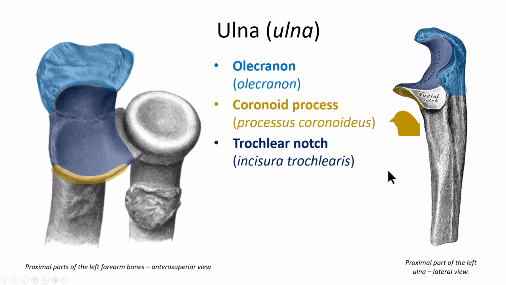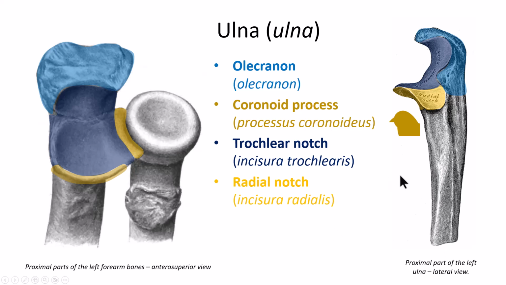Let us once again look at the illustration on the right, we can see an additional notch on the lateral side, the radial notch, incisura radialis, marked in orange. This is the site for the head of the radial bone, as shown on the left side of the slide.